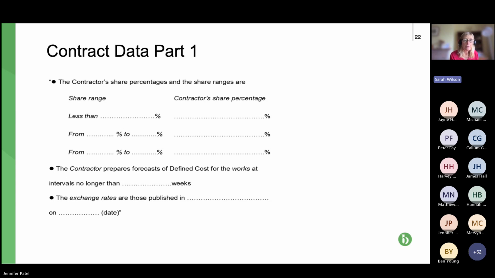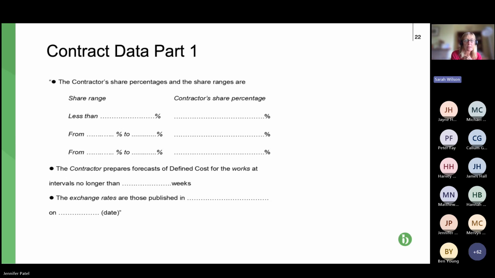So if you can just hold the thought of that first bullet point. We've got our share range and the contractor's share percentage, because the examples that I'm going to take you through relate to that. And it's really important to fix this in your mind so that you can see how it works.